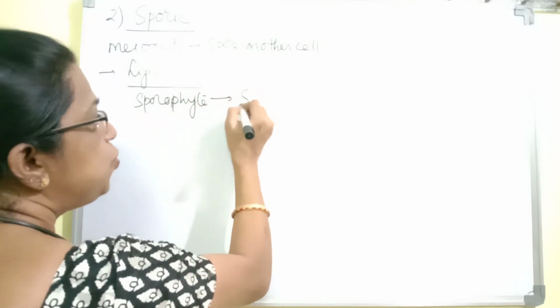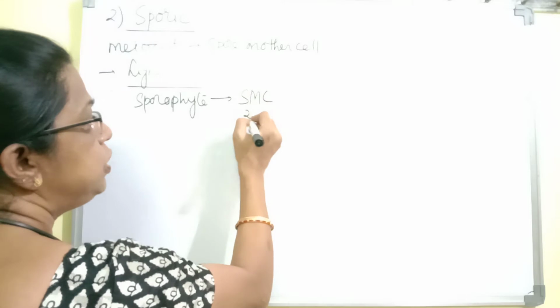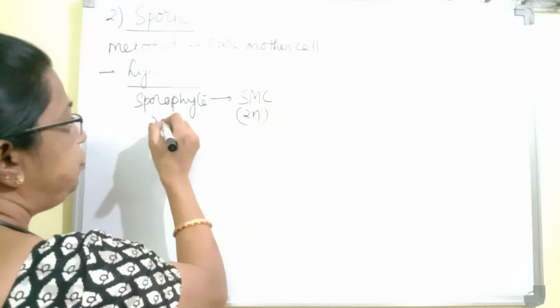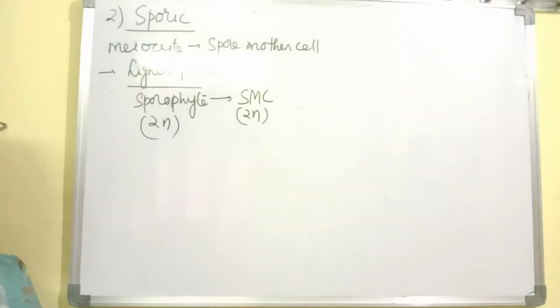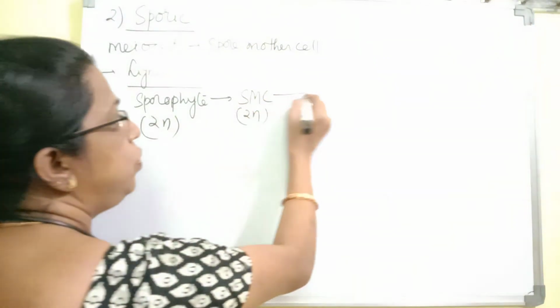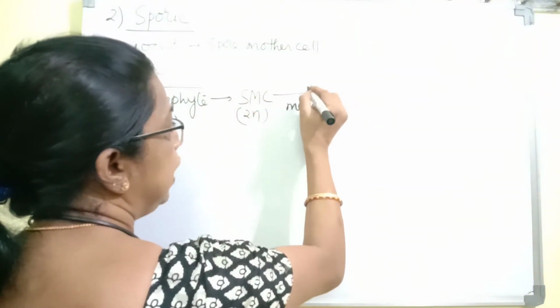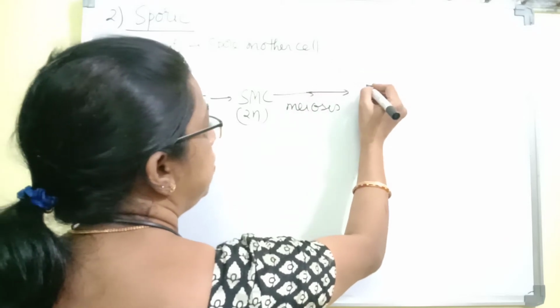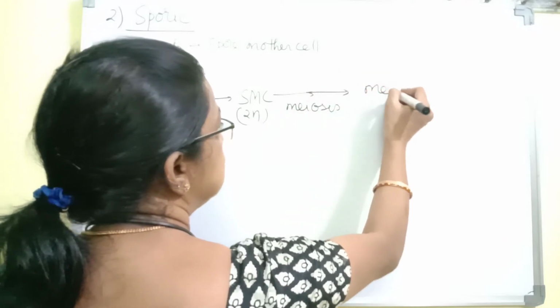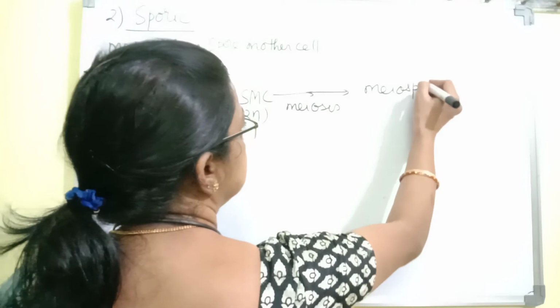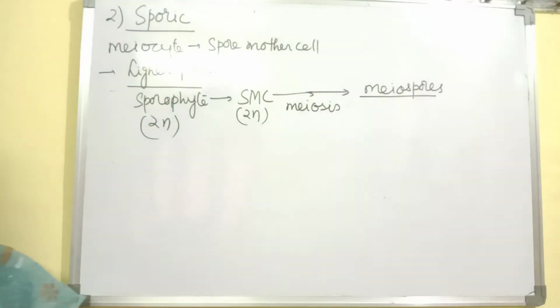This sporophyte will have spore mother cells which are diploid. And these spore mother cells undergo meiosis. When they undergo meiosis, they form haploid spores called meiospores.